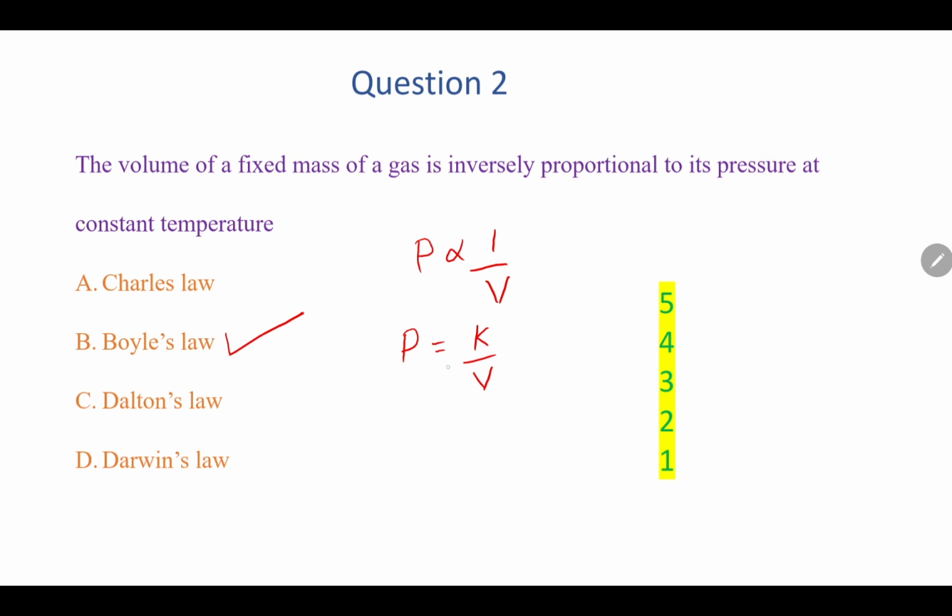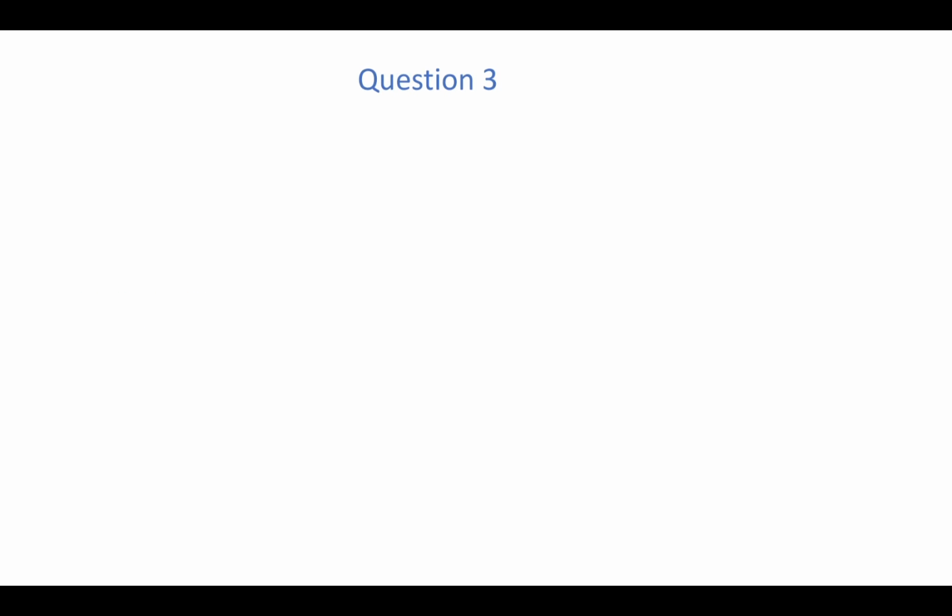If we have two states of pressure and volume, like initial pressure and final pressure, initial volume and final volume, then K is equal to PV, so P1V1 will be equal to P2V2. I'm sure you've come across this equation before. Alright, so let's go to the next question.